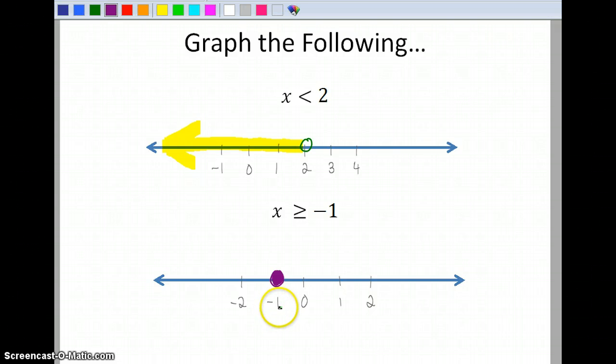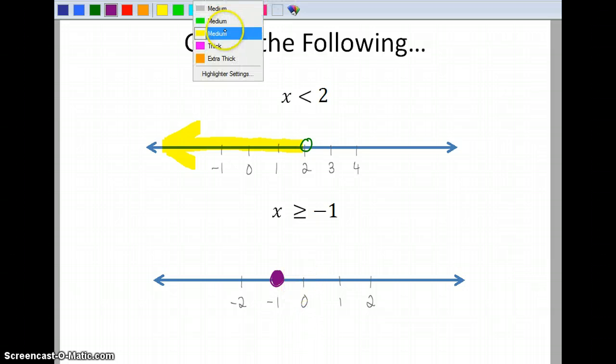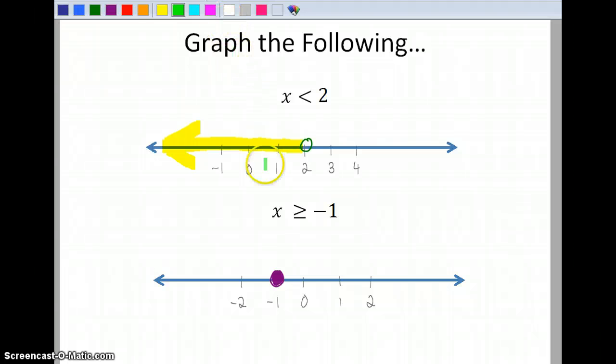No. Is 0 greater than -1? Yes. So I'm going to shade to the right this time. And I'm also going to make sure I put the arrow on the end so that whoever looks at my graph knows that it continues.